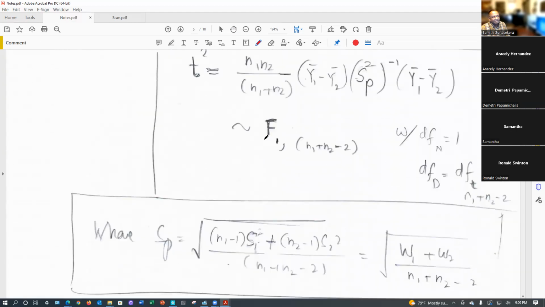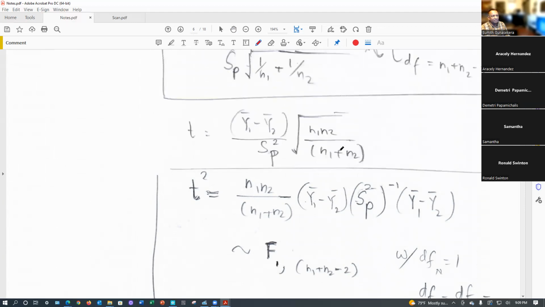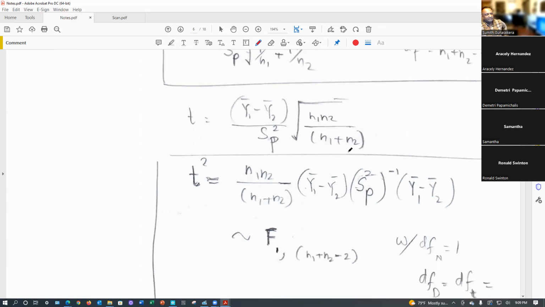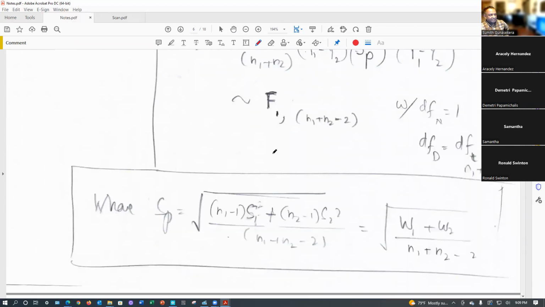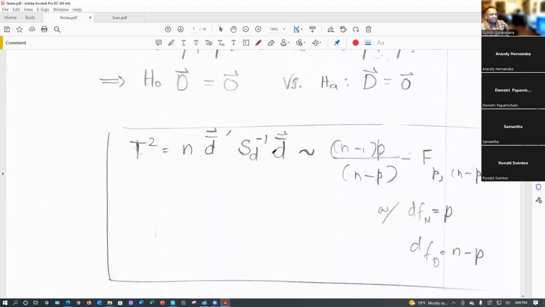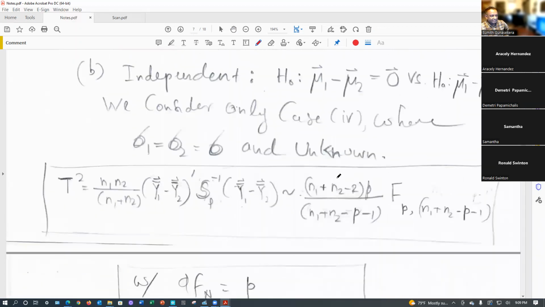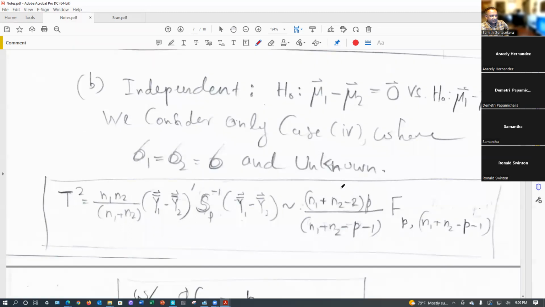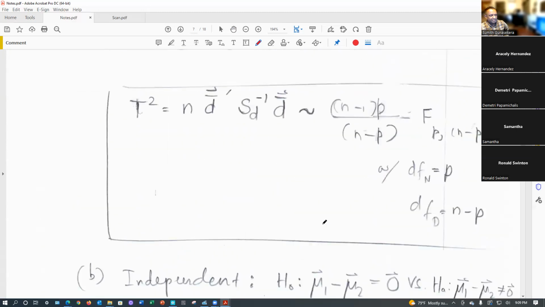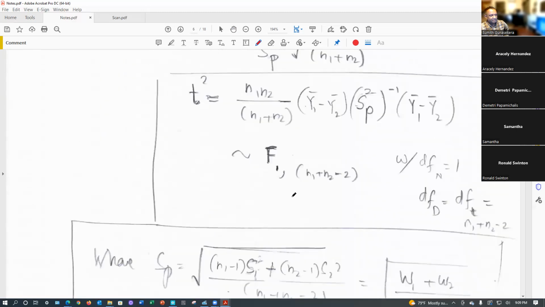You don't have any factor in front in the univariate case. That's what I want to emphasize. There's no factor; these are the degrees of freedom. When you compare 2 groups in the univariate case, T squared straight becomes an F distribution.